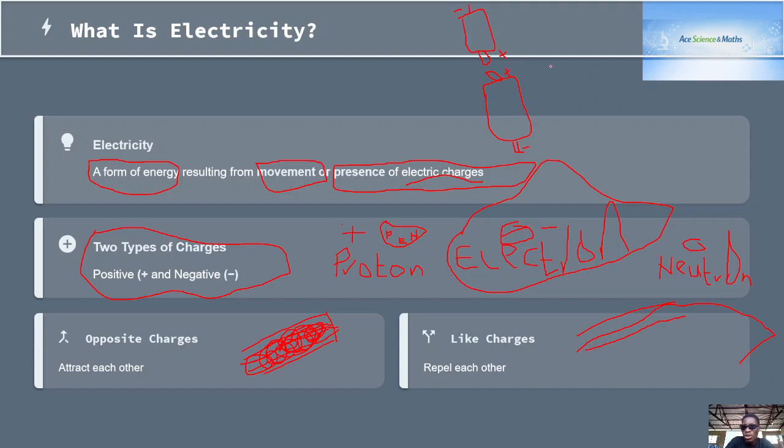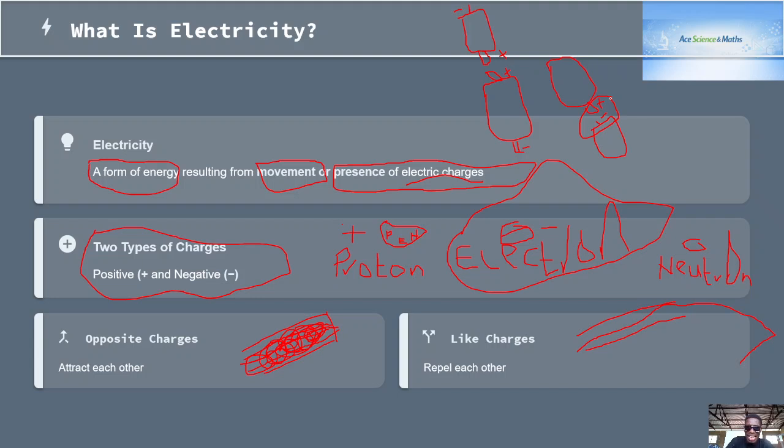But if you have another battery, this is positive, and another battery, and this is negative, immediately you bring them together, they will connect or attract.